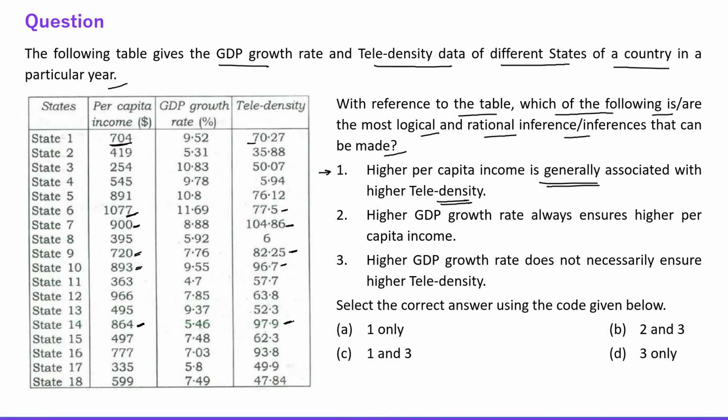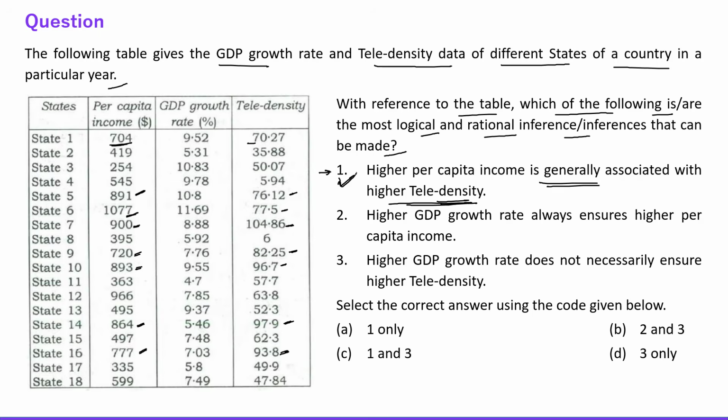So this is also higher. And this is 777. So this is 93.8. This is also higher. So generally, yes, the trend is supporting that statement. 891 is 7. This is 76.12. Yes. So higher per capita income is generally associated with higher tele-density. This is a correct statement. So the first statement is correct.